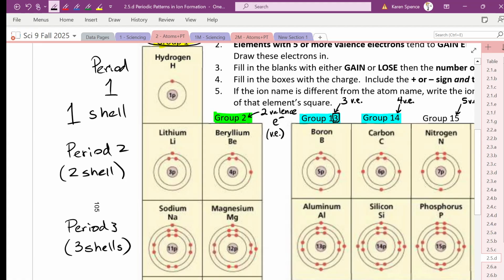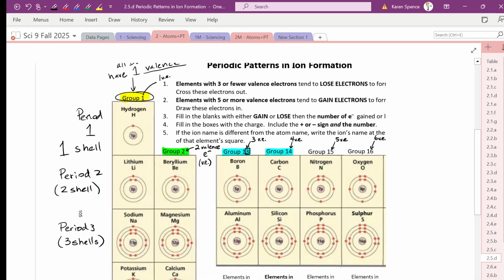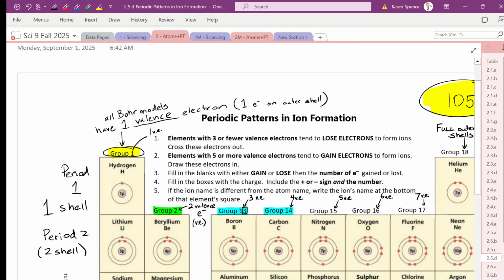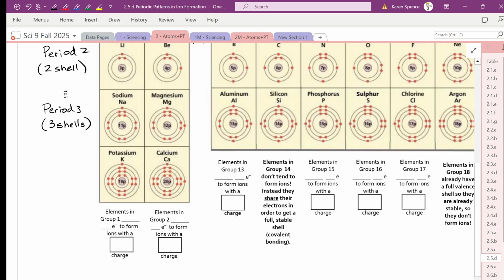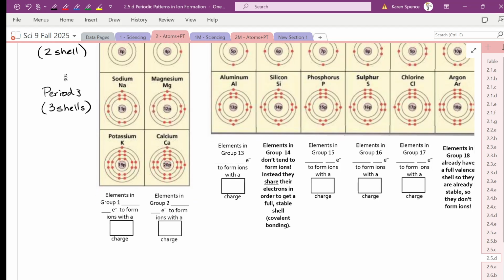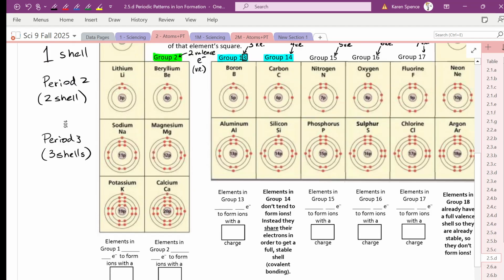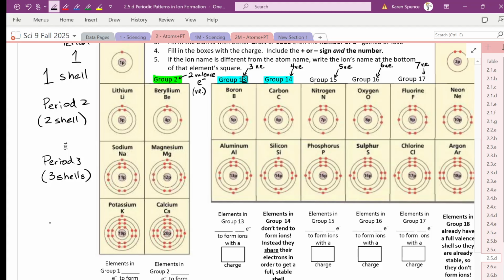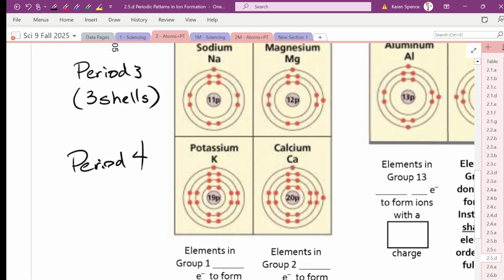So basically as we go from left to right across the periodic table, we are filling a shell. And period 4, even though we only have 2 elements there before the Bohr model kind of breaks apart, it will have 4 shells.